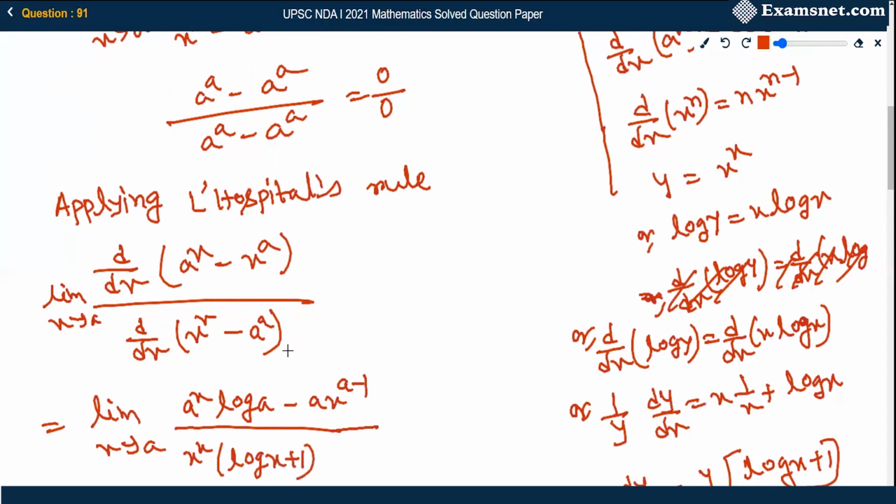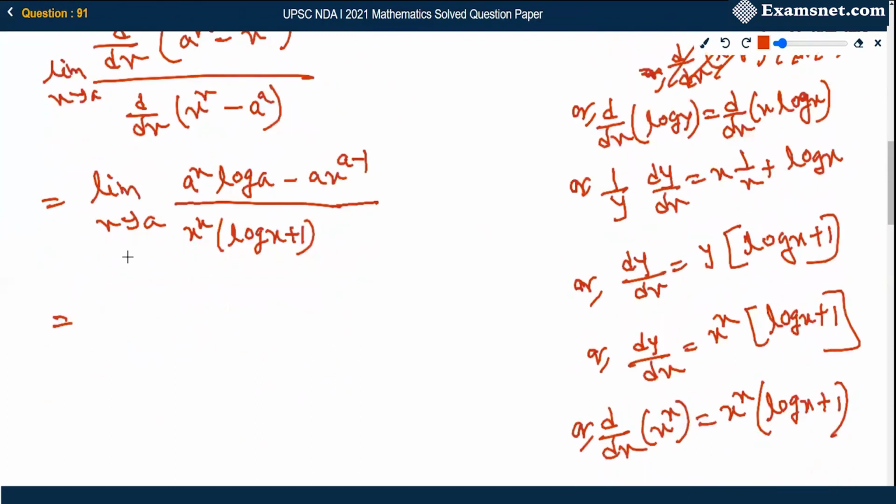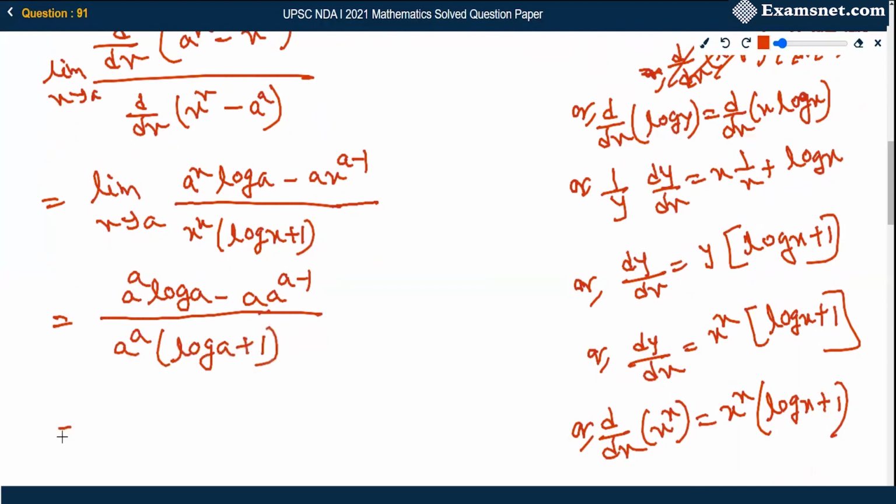Now if we differentiate a to the power a, we will get 0 because it's a constant, so I'm not writing anything. In the next line, we will directly substitute the value for x, that is a. So here a to the power a log a minus a to the power a minus 1, by a to the power a (log a plus 1).